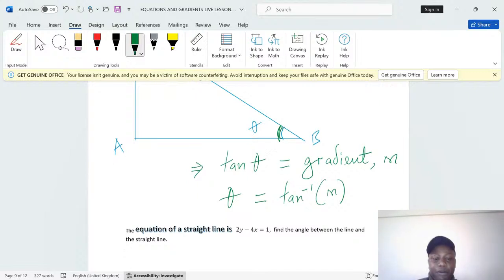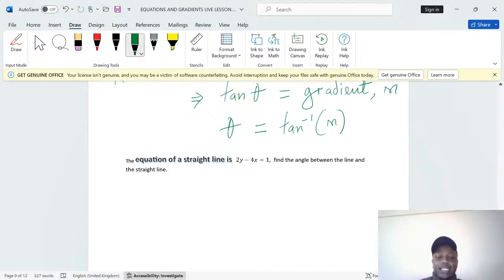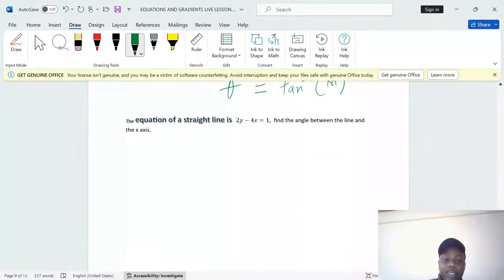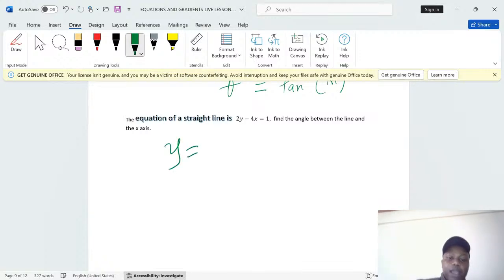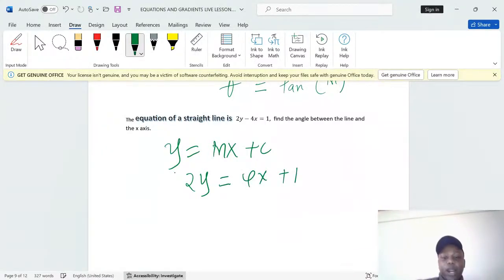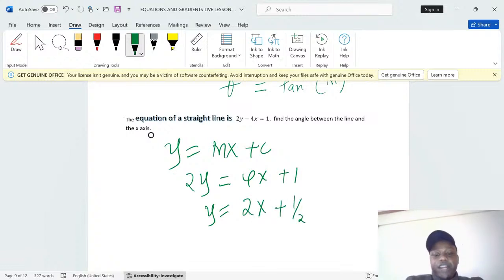Let's take a simple example provided here. The equation of a straight line is 2y minus 4x equals to 1. Find the angle between the line and the x-axis. The angle will be found by, first of all, expressing the equation in the form y equals to mx plus c. This will help us to get the gradient. 2y equals to 4x plus 1. So y equals to 2x plus half when we divide through by 2.